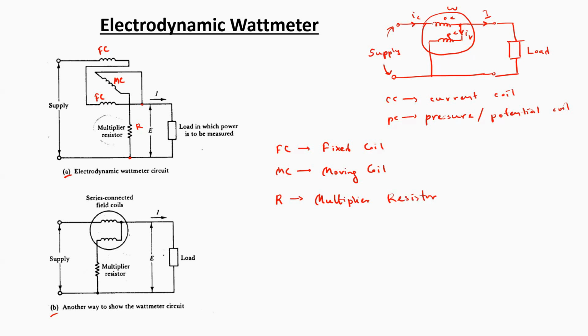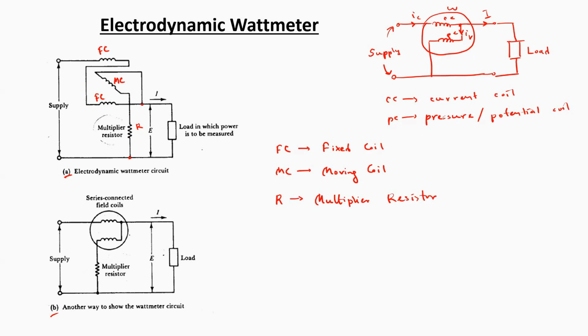The function of the multiplier resistor was discussed in the case of voltmeters as well. It allows us to increase the range of operation of the meter.